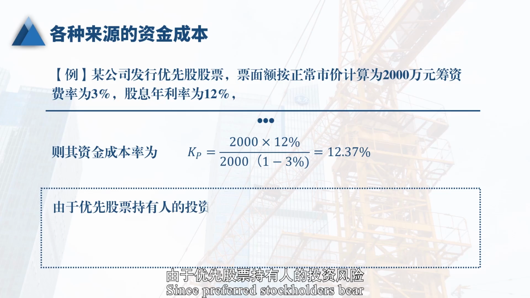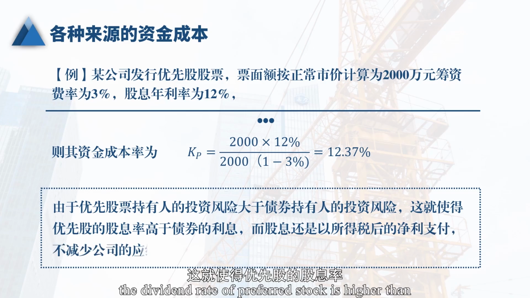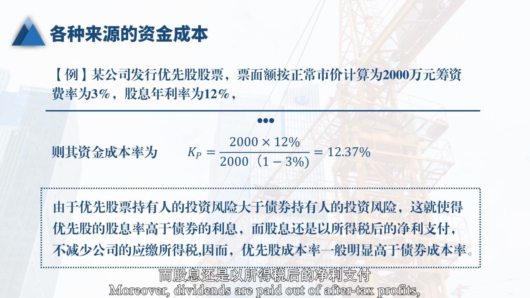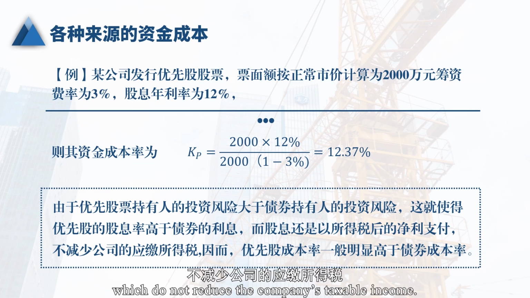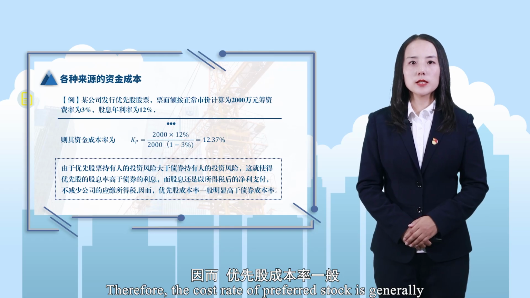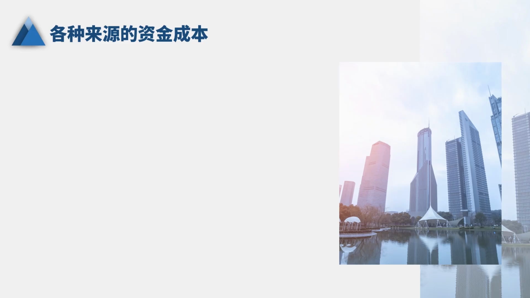Since preferred stockholders bear greater investment risks than bondholders, the dividend rate of preferred stock is higher than the interest rate of bonds. Moreover, dividends are paid out of after-tax profits, which do not reduce the company's taxable income. Therefore, the cost rate of preferred stock is generally significantly higher than that of bonds.